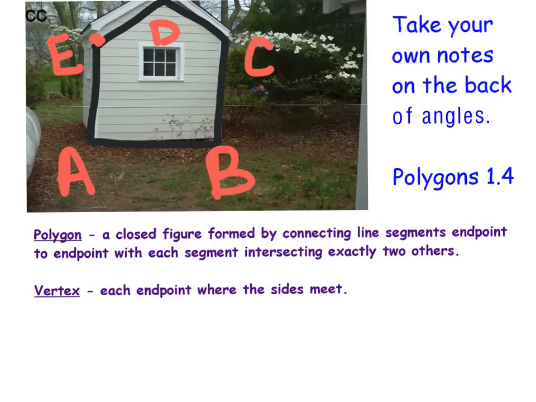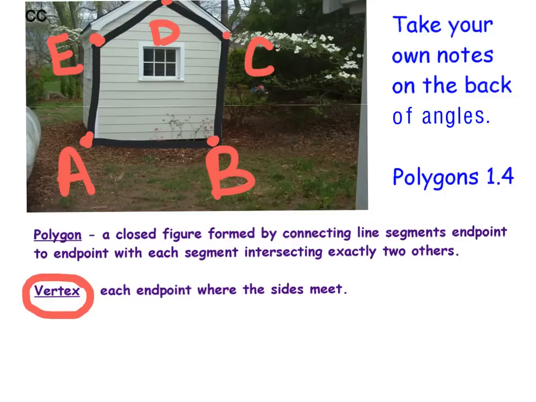They only intersect at these points called the vertices. The singular of vertices is vertex, each endpoint where the sides meet. So here you have 5 vertices. Each one is called a vertex.